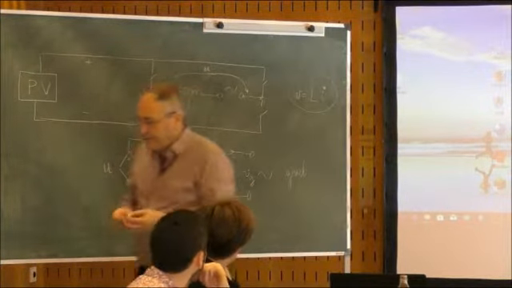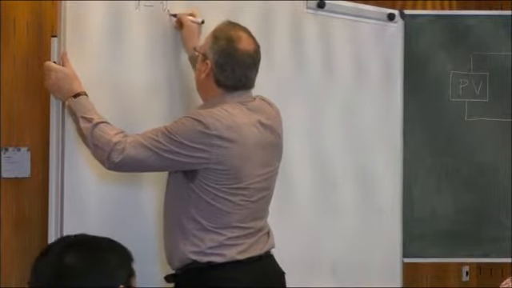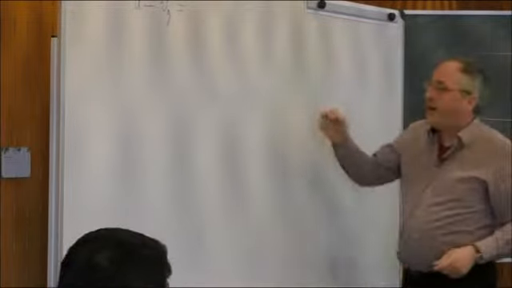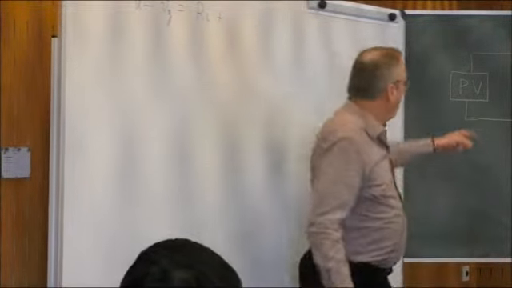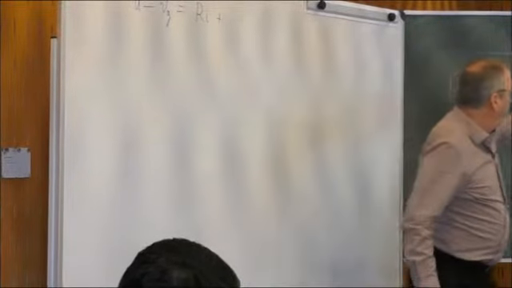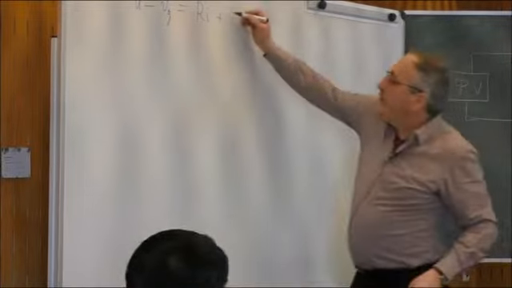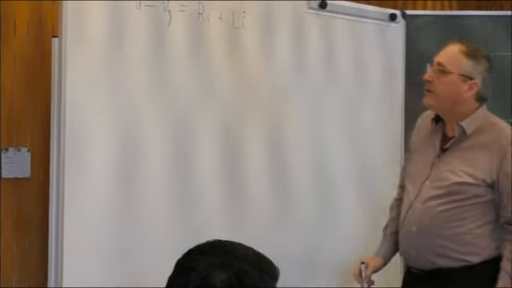Okay, let me write it here. The total voltage U minus Vg is equal to the voltage on the resistor, which is R times I, plus the voltage on the inductor, which is, as I wrote here, L times I dot.